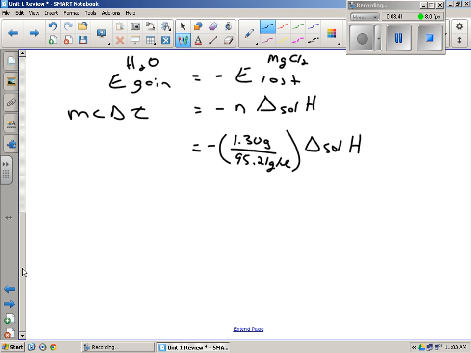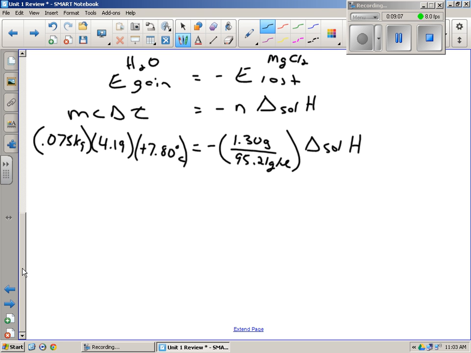Don't forget, with these types of questions, we want to convert it to kilograms because kilograms and kilojoules go together, right? So 0.075 kilograms of water. Specific heat capacity is 4.19. I'm going to cheat a little bit and not put in the units there. And the temperature change is a rise of positive 7.80 degrees Celsius.